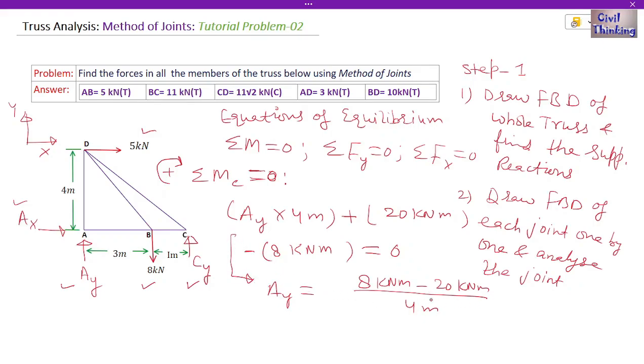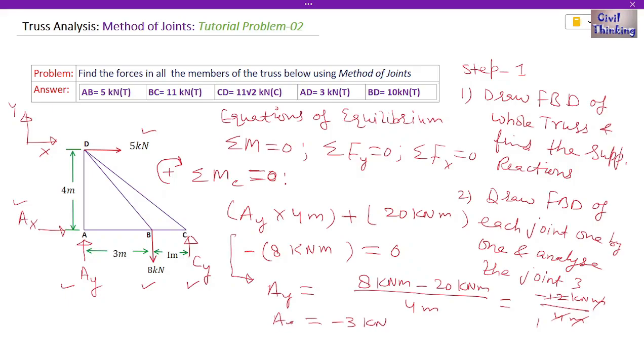Now 8 minus 20 is what? 20 minus 8 is 12, so this is going to be minus 12. 8 minus 20 is negative 12 kilonewton meter divided by 4 meter. Now meter and meter will cancel out, and 4 threes are 12. So AY is negative 3 kilonewton.